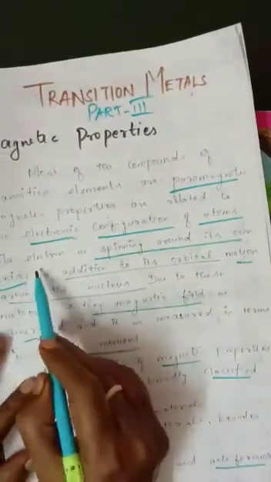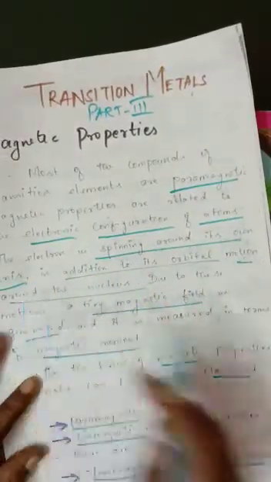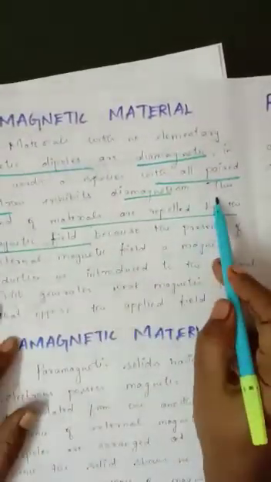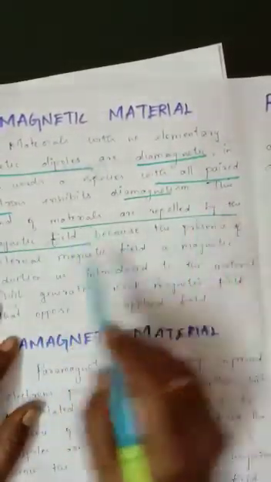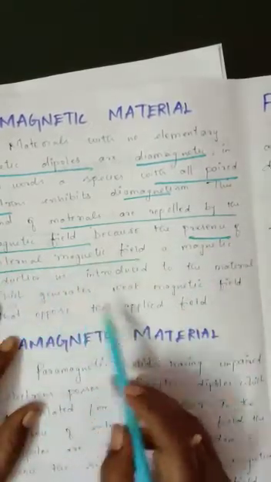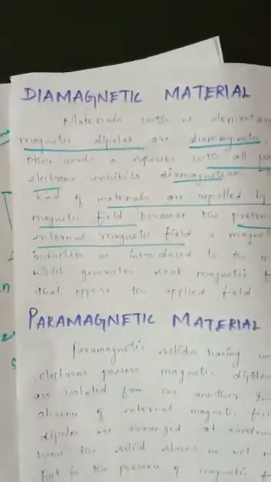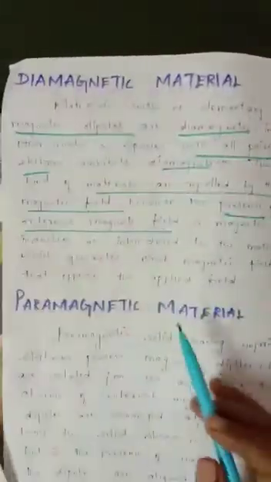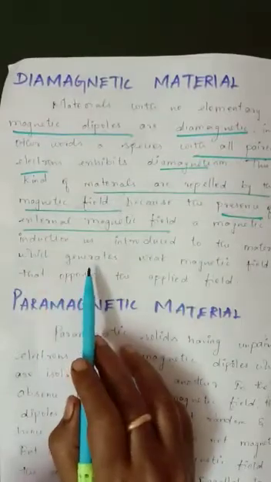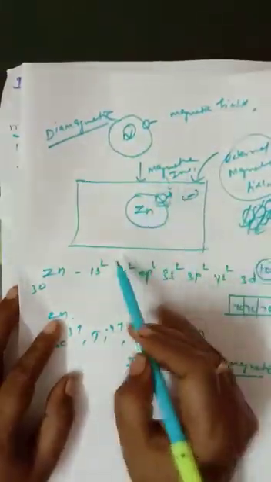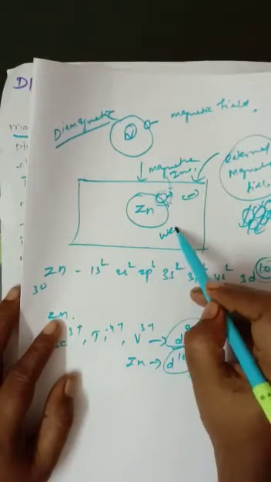Understand? The electron is spinning around its own axis, and diamagnetic materials are repelled by the magnetic field because of the presence of an external magnetic field. Magnetic induction is also introduced to the material, which generates a weak magnetic field.